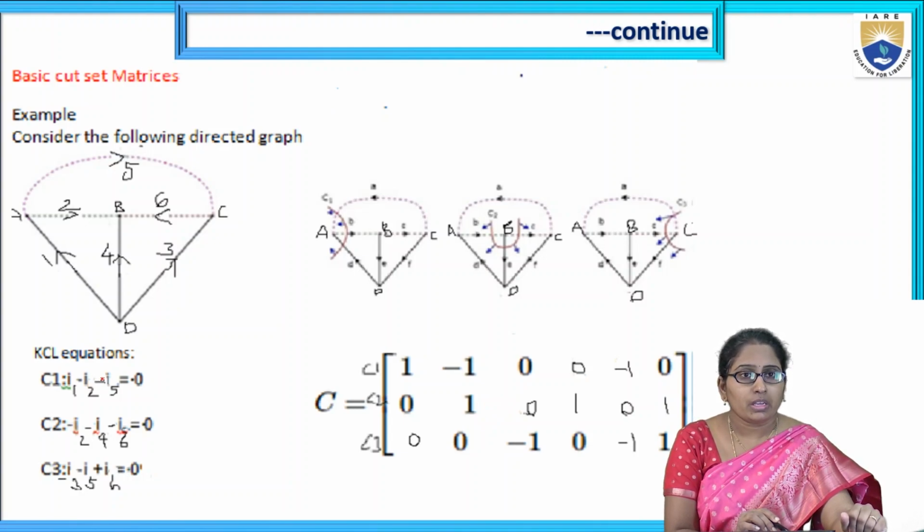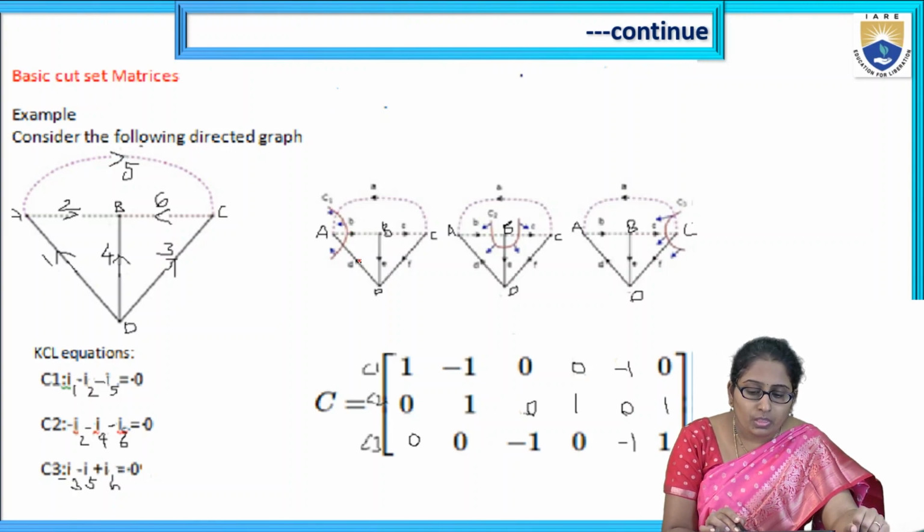If the cut set orientation is the same as the branch current direction, it is taken with a positive sign. If it is opposite, take it with a negative sign. For that we have to take a cut set orientation, which is our choice. I have chosen the cut set C1 direction to the left side, shown with the blue arrows.